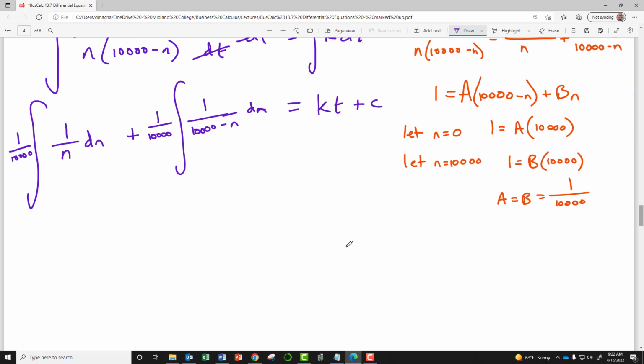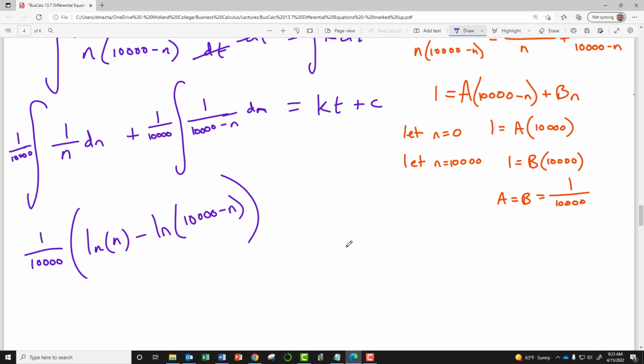So now these antiderivatives are not so bad on the left side. Like 1 over n dn is just natural log of n, so I have 1 over 10,000 times natural log of n. And then this antiderivative, if you use a quick u substitution where u is equal to 10,000 minus n, that means dn is equal to negative du. And so whenever I take that antiderivative, I'm going to have minus natural log of 10,000 minus n. Like so.